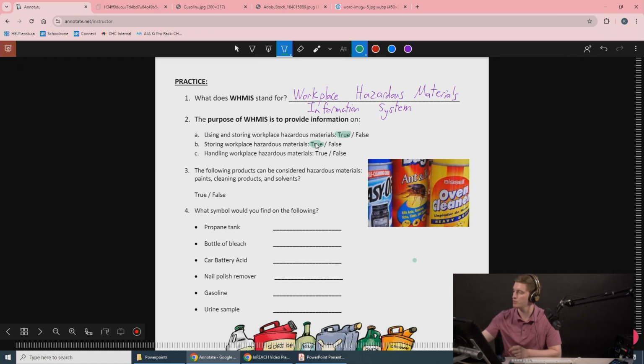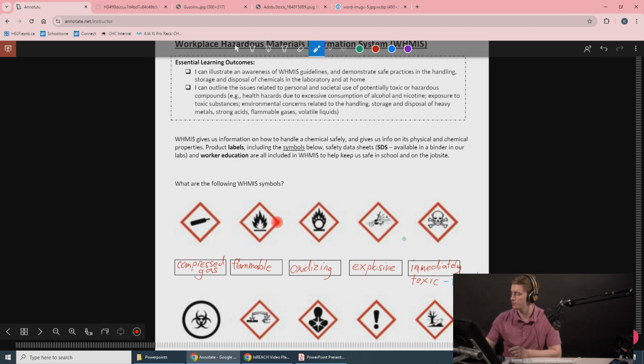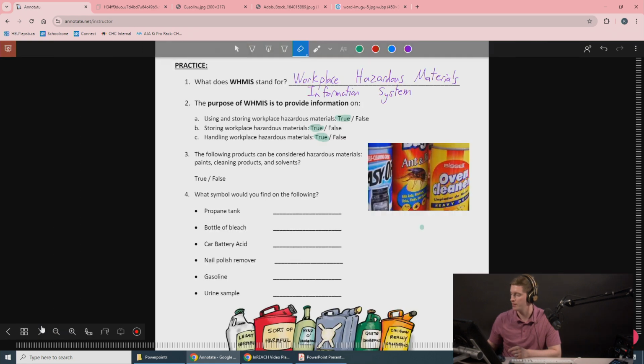And you also want to store them in areas where they're not going to spill or be accessed by people who shouldn't be accessing them. It also is going to tell you information on how to handle them. For example, if you're looking at the previous page and you see something that has this flammable symbol next to it, you're probably going to want to avoid bringing that material anywhere close to a flame.